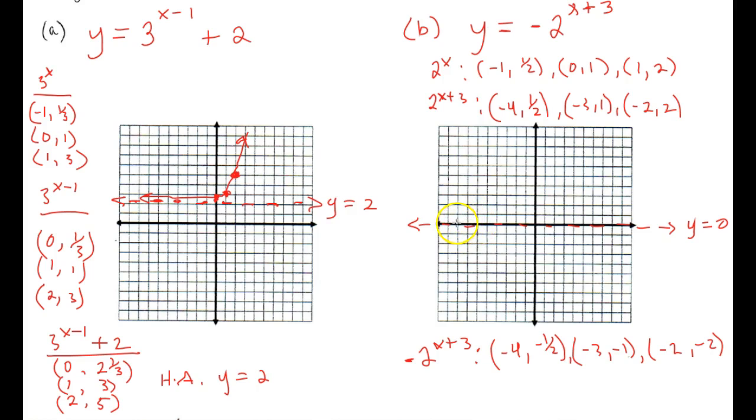Okay. So at (-4, -1/2), that would be our first point. And then at (-3, -1), that would be our next point. And then at (-2, -2), that will be that point.